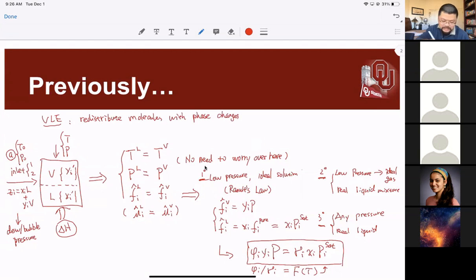The other method is we are also able to redistribute the molecules by removing them out of the system, or by reactions that create more needed molecules. So this is why the other way is we are going to use chemical reaction.